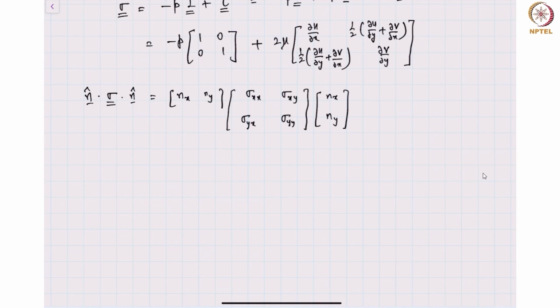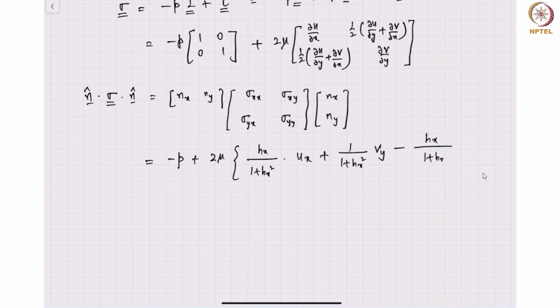If you do this, you should be able to verify that this term, n dot sigma dot n, will be minus p plus 2 mu of h_x by 1 plus h_x squared times u_x, where u_x stands for partial u by partial x, plus 1 by 1 plus h_x squared times minus h_x by 1 plus h_x squared times u_y plus v_x.